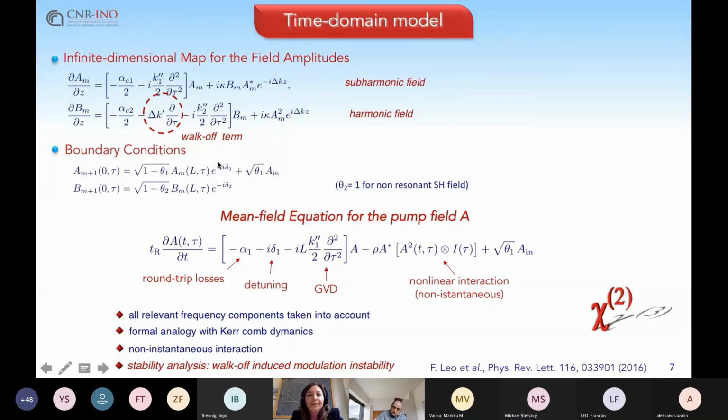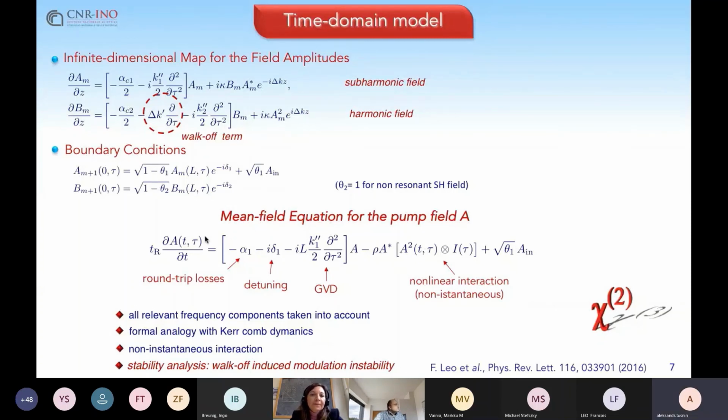In particular, if we consider a singly resonant cavity, we have the boundary condition for the oscillations of the fundamental field inside the cavity, but theta equal to 1 means that B is 0, and it is just saying that we have no green radiation at the entrance of the crystal, because in this case we are talking about a singly resonant configuration in which the green field is not present at the beginning of the crystal, but will be generated while the fundamental is propagating inside the crystal.